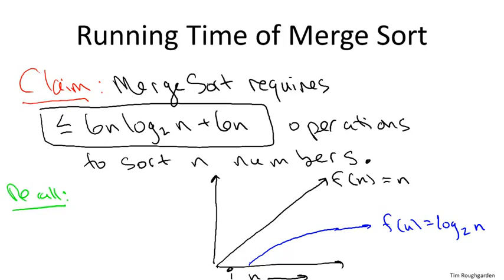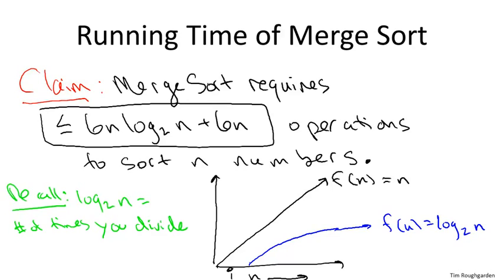Okay? So the point is, you can already see this. If log of 1,000, roughly, is something like 10, then the logarithm is much, much smaller than the input. So graphically, the logarithm is going to look like a curve which becomes very flat very quickly as n grows large.